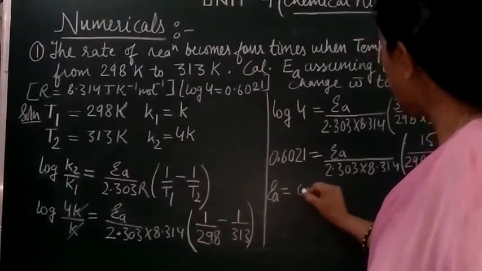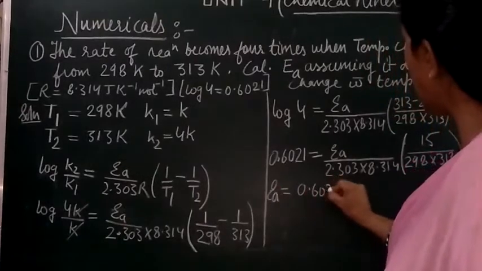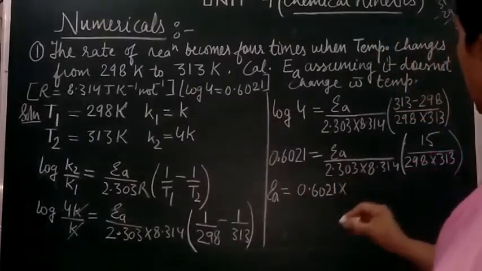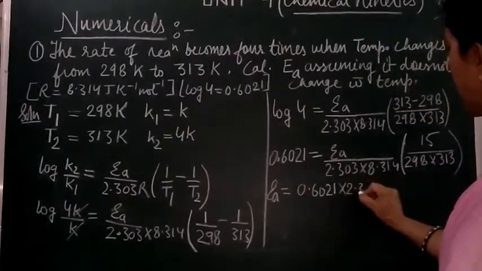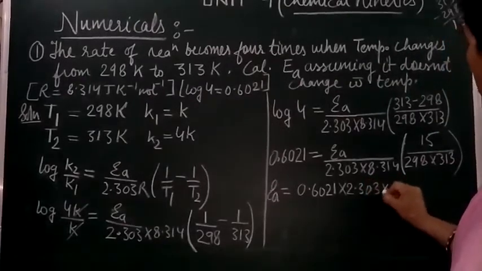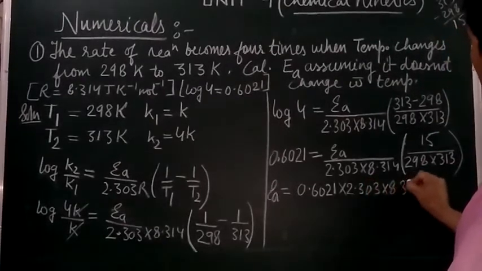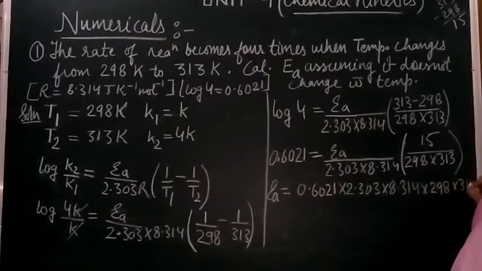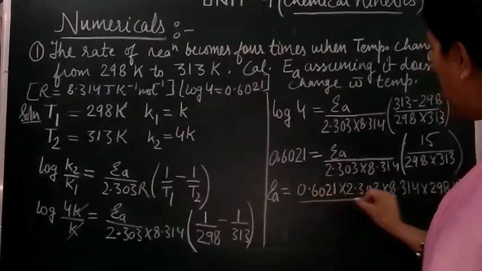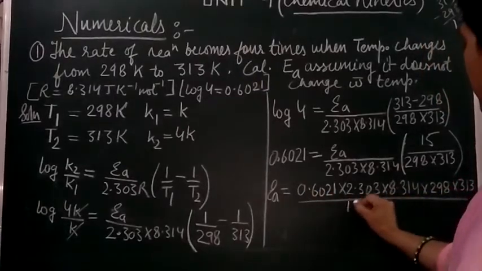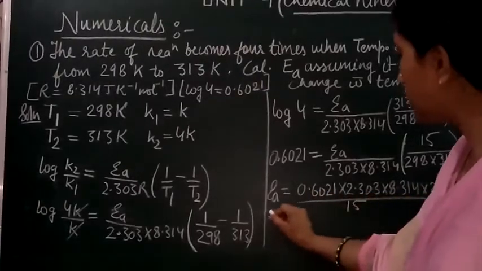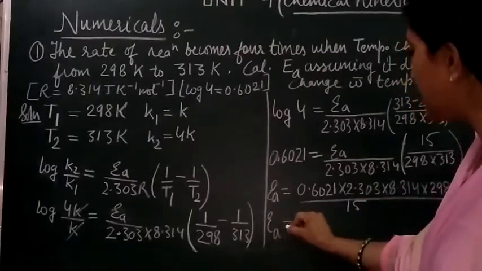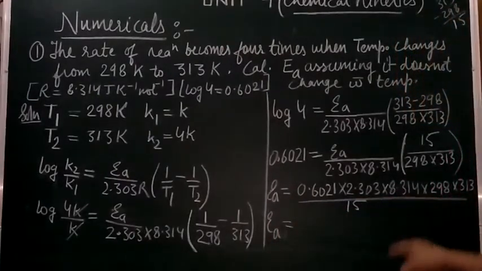So it will be 0.6021 into 2.303 into 8.314 into 298 into 313 upon 15. Now students, you will get the activation energy here in joule, right?